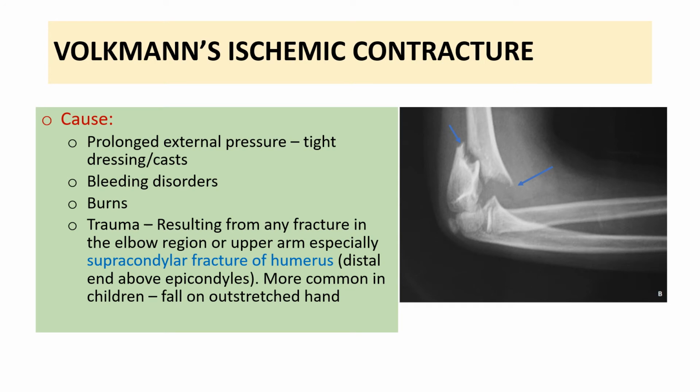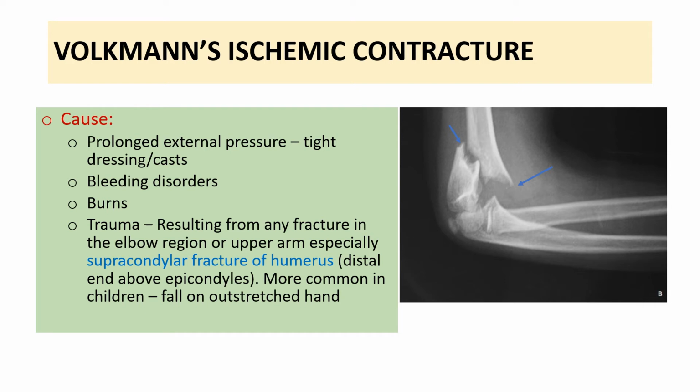After defining the contracture, ischemia and the relations of lower part of the humerus, the elbow joint area and the cubital fossa, the relationship of the brachial artery, the median nerve to the bicipital aponeurosis and the relation of the ulnar nerve to the lower end of humerus, let us see what are the causes for Volkmann's ischemic contracture.